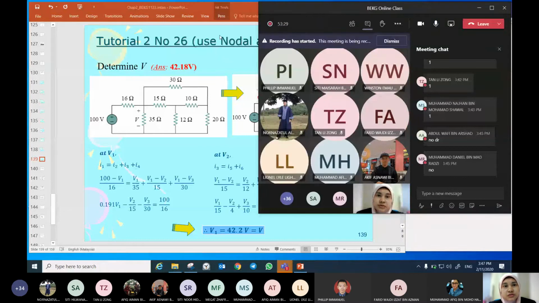Siti Maisara, if you look at this figure and use nodal analysis, how many nodes? 2. Is it enough? No, 3. Okay.